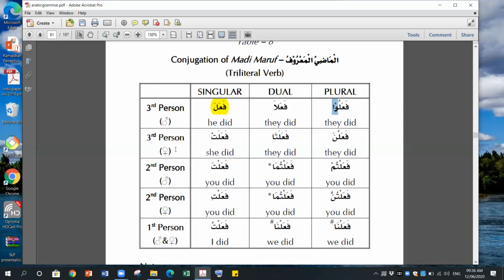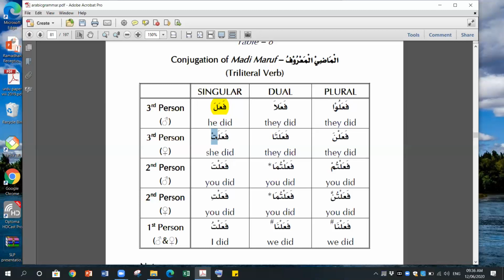Now let's go to the feminine verbs. What did we add? Keep looking at the additions. Here we added one alif. Here we added wow and alif. Here we are adding ta, with sukoon, without any movement.